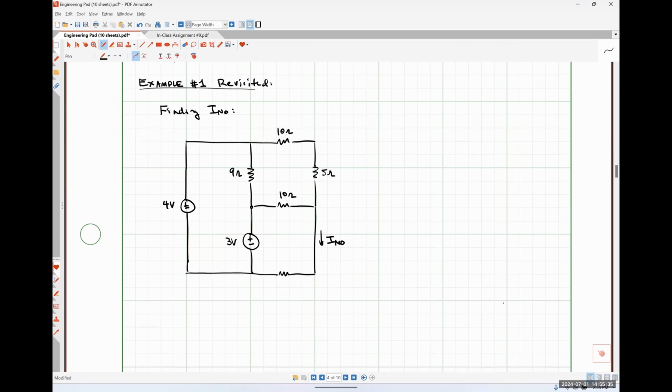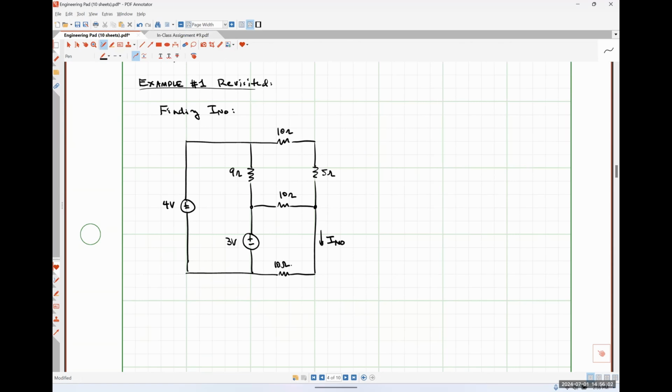So how might we go about solving for this short circuit Norton current? I'd probably say mesh. Yeah, so mesh seems like a perfectly reasonable thing here.